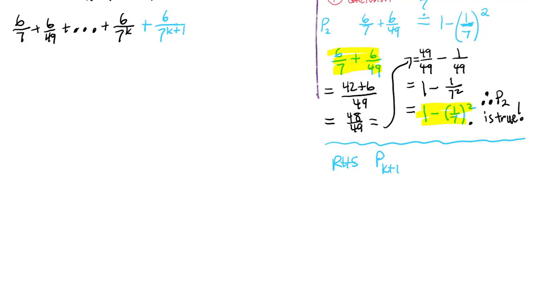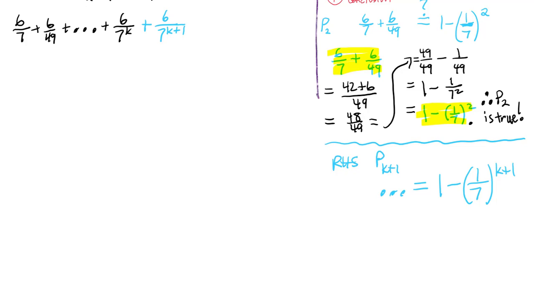We want to work our way to equal 1 minus 1/7 raised to the k plus 1. This is our goal. Okay, so far we only have the left-hand side of the proposition, and so we're going to work our way towards that.